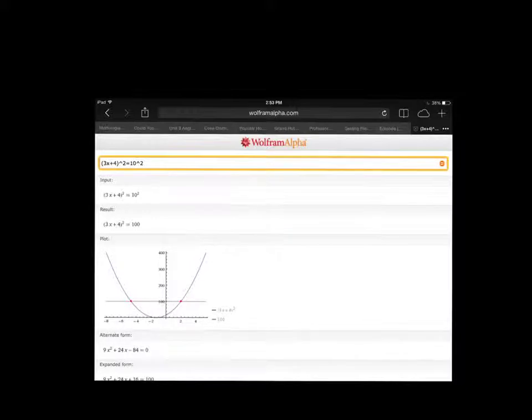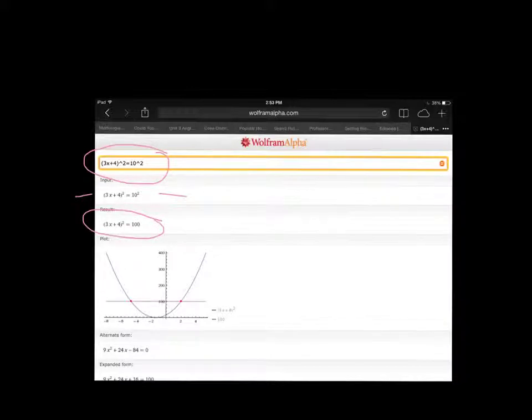The way that I decided to check my work was to go into Wolfram Alpha and type in 3x plus 4 squared equals 10 squared. It gives me my input, and it gives me a result here.